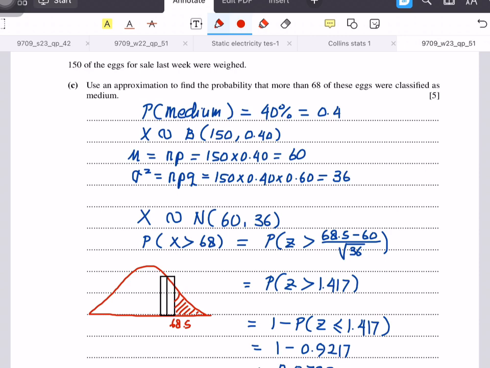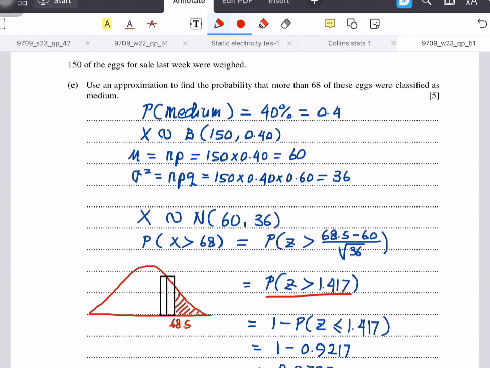So we use 68.5 after corrected. So the value of z is 1.417.